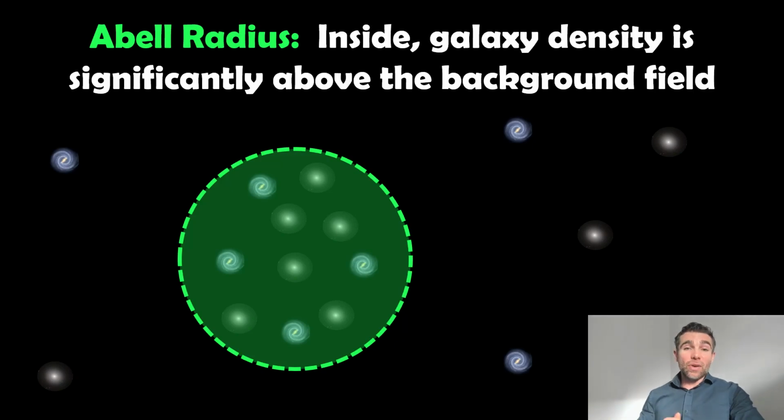If we're inside the Abell radius, as we fall outside, then the number density of galaxies would drop off quite significantly. Okay, so it's just a way of defining, I suppose, a boundary to these clusters where the galaxy density is high and outside is low.